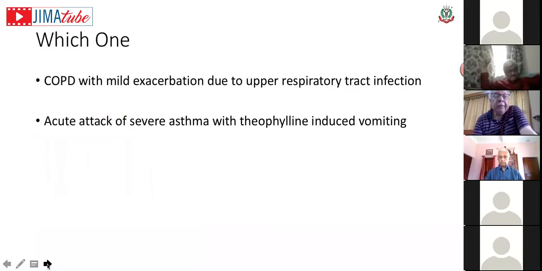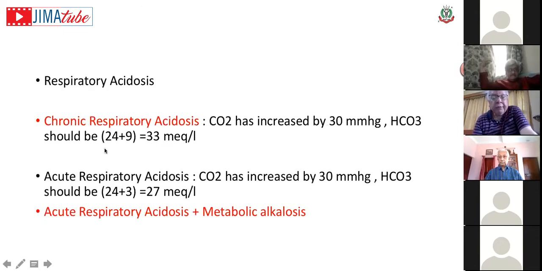The example of the first would be COPD with mild exacerbation, no superimposed acute respiratory acidosis. And the second would be an acute attack of severe asthma, so acute respiratory acidosis, and metabolic alkalosis due to theophylline-induced vomiting. So both are possible.